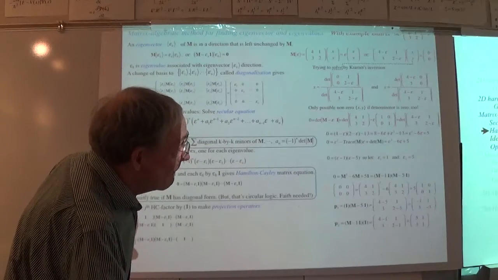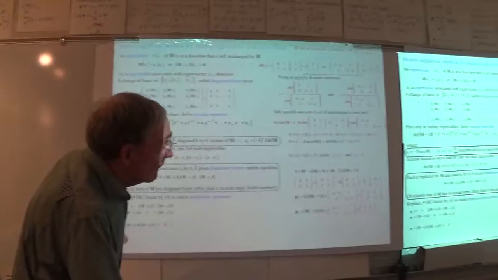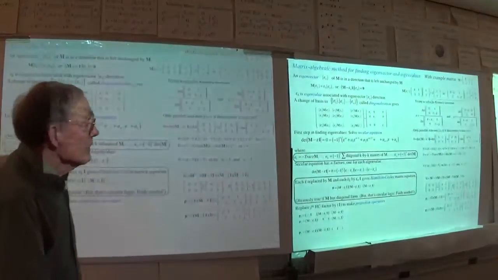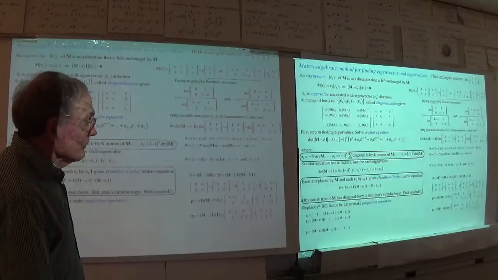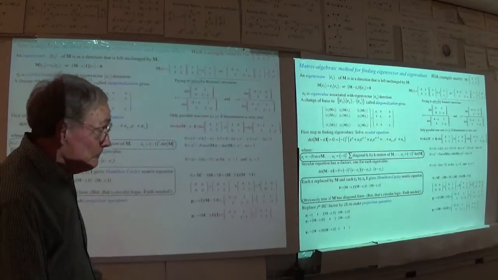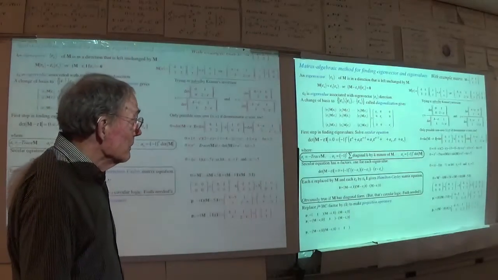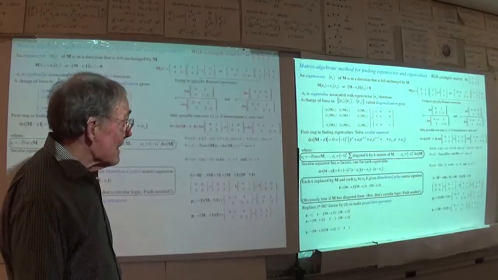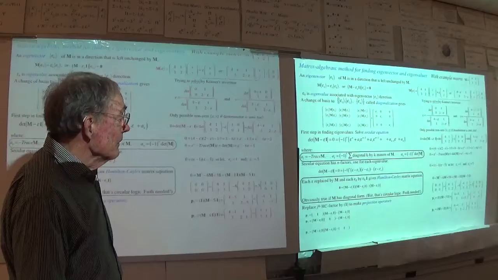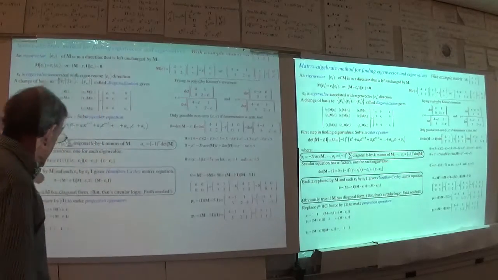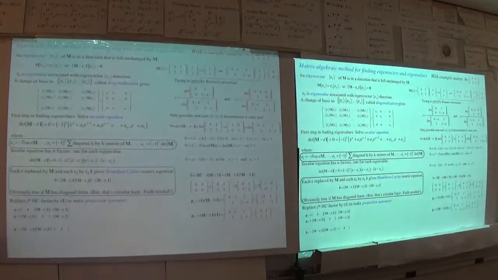So the Hamilton-Cayley theorem, that is the Hamilton-Cayley matrix equation of the 0 matrix, is equal to the secular polynomial with the matrix substituted, is the key idea here. Now, these projection operators are defined in the way that's shown in this particular line of the slide.